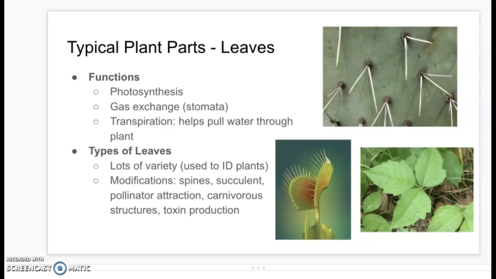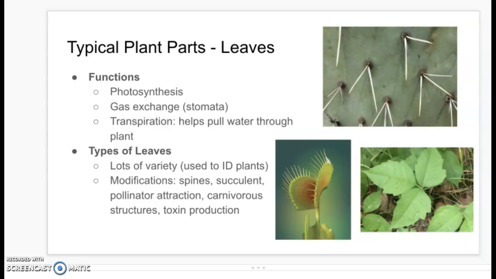Some of the environmental adaptations that you see here, you have here on the top right corner a cactus, and cacti typically have spines, or some other succulents may have a surface of like little hairs or other material to protect the plant, because that's where the water is being held, and a lot of these succulents live in very dry conditions. So this deters animals or other predators that may want to have access to the water in the plant.